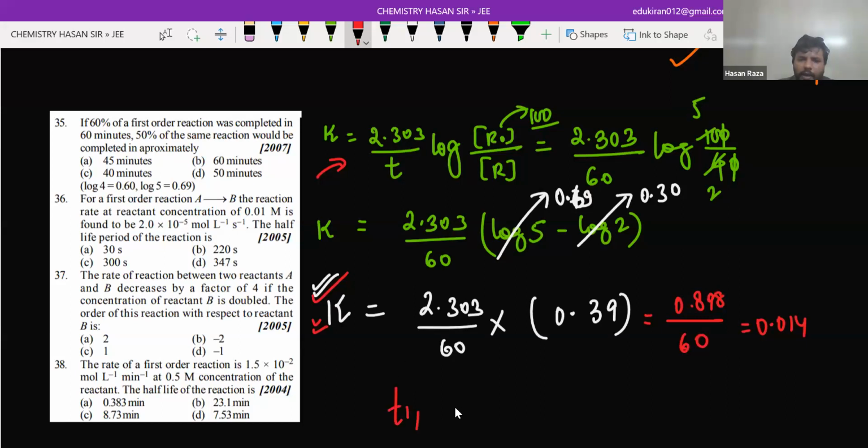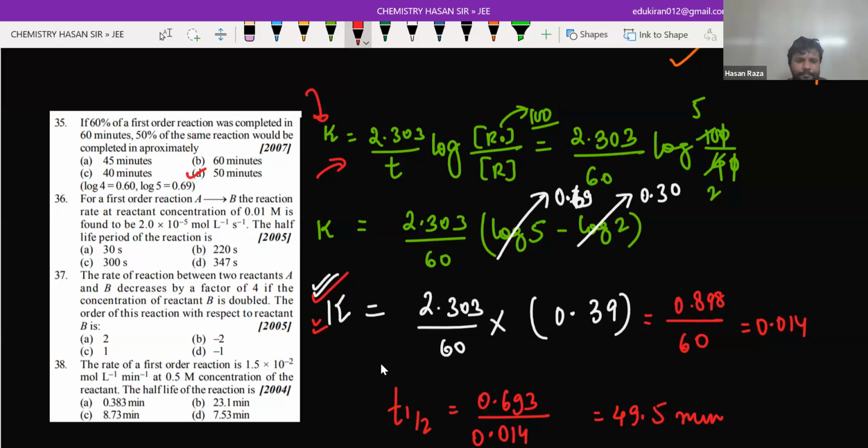T half is equal to 0.693 divided by 0.014, that comes out to be 49.5 minutes. That means 50 minutes is the correct answer. So you can calculate the value of K and use the formula of T half and get the answer.